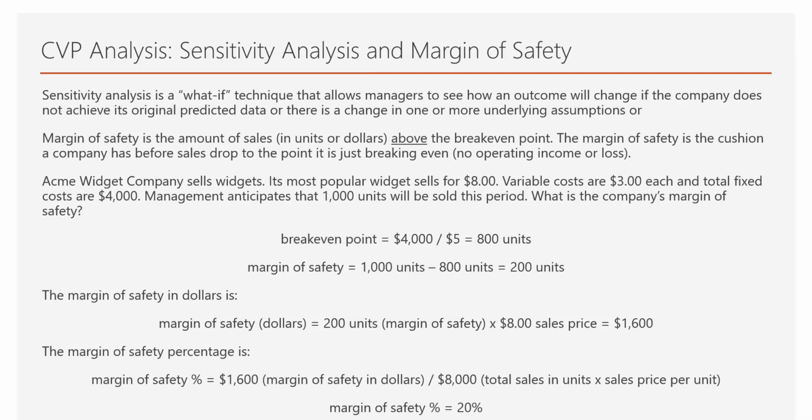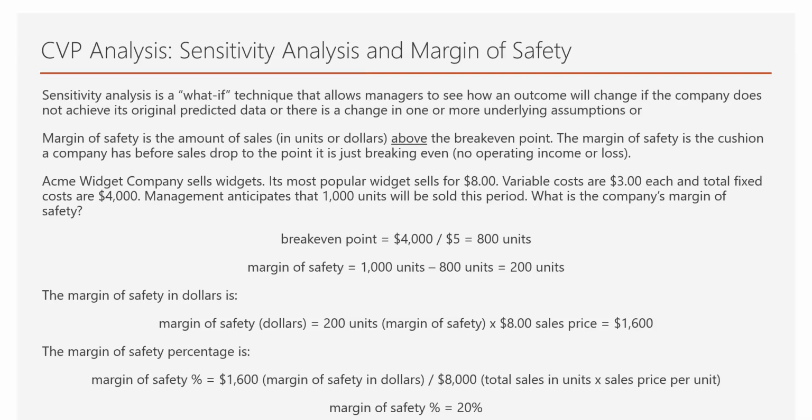I can also express that as a margin of safety percentage, which is simply the margin of safety in dollars, 1,600, divided by my total sales in dollars, 1,000 units times the sales price per unit, $8,000. So if I sell 1,000 units, I'm going to have $8,000.